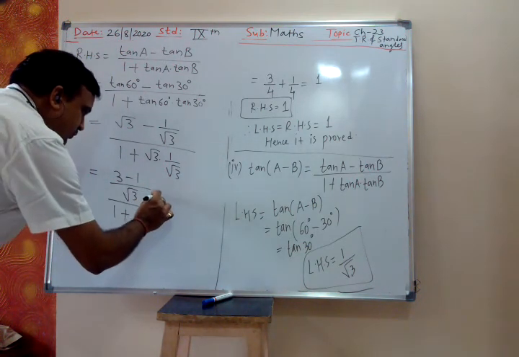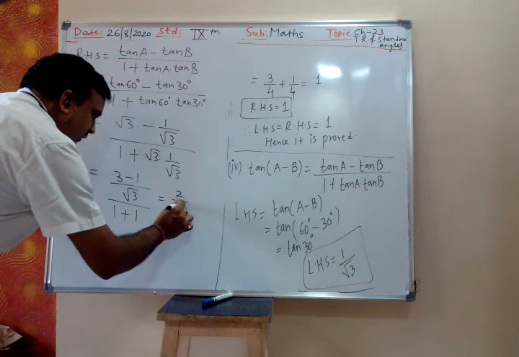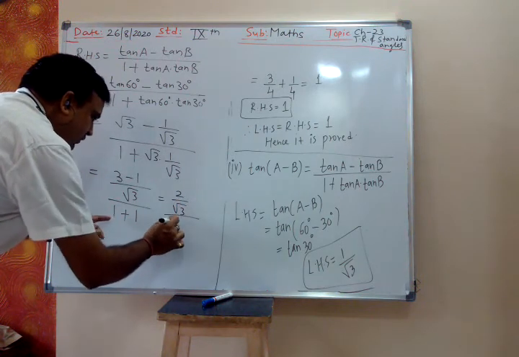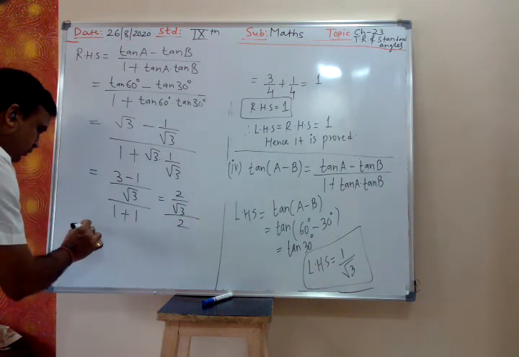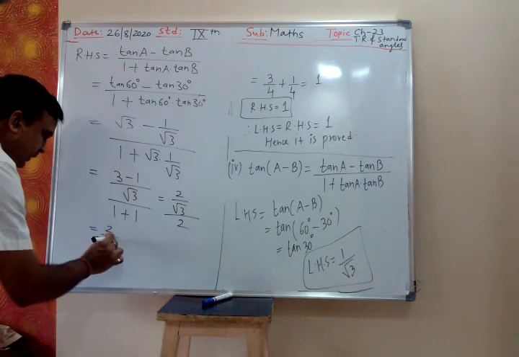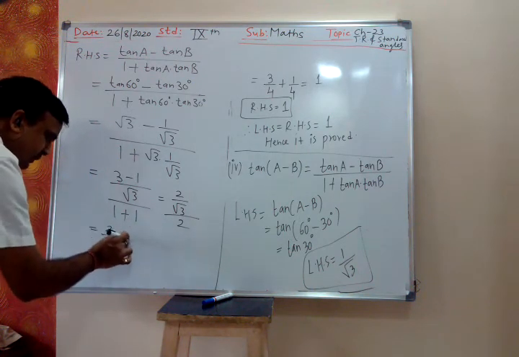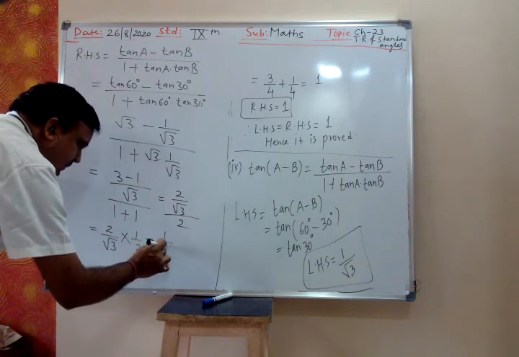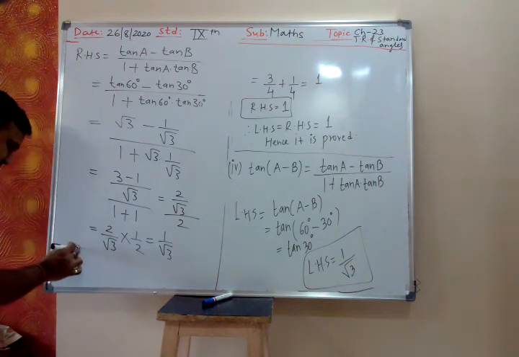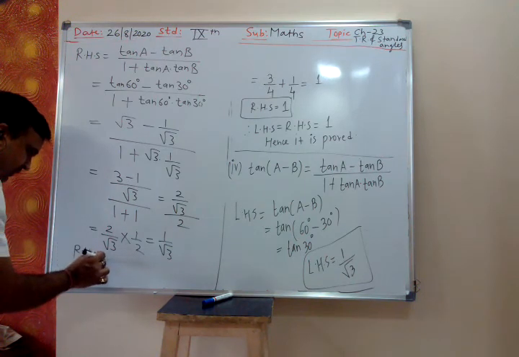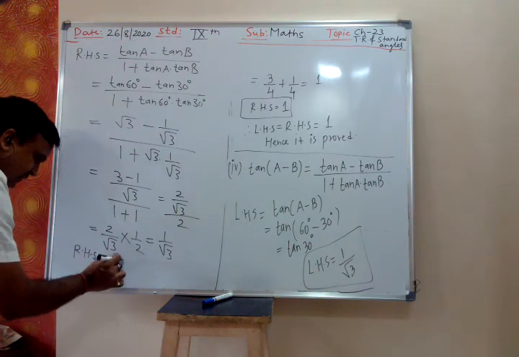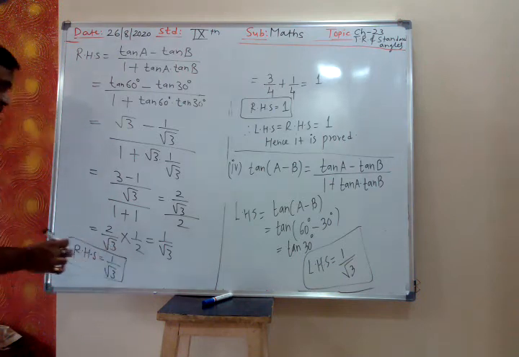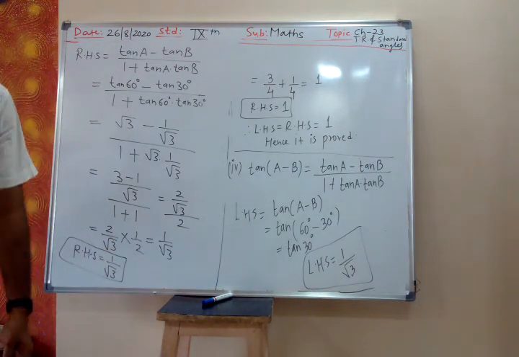So 3 minus 1 is 2, so 2 upon root 3 divided by 2. Divide by 2 is same as multiplied by half, so 2 get cancelled, answer is 1 by root 3. So my right hand side is also 1 by root 3. So left hand side is equal to right hand side is equal to 1 by root 3, hence it is verified.